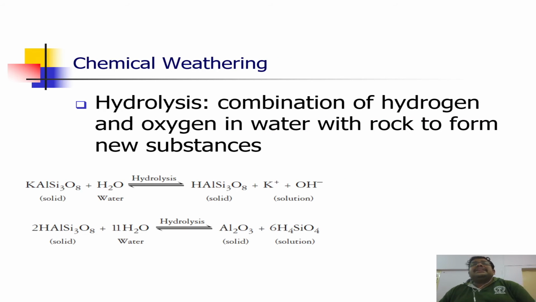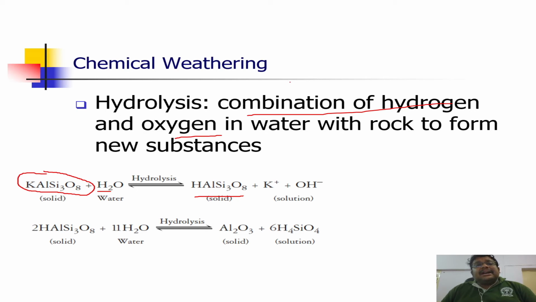The next important thing is hydrolysis. Hydrolysis is basically the combination of the hydrogen and oxygen in water with rock to form new substances. As you can see, this is feldspar, which is an important rock, and when it reacts with water through the hydrolysis process, it forms different other compounds, and also K+ comes into the solution.